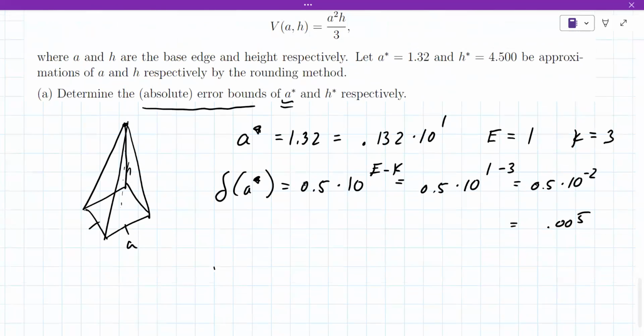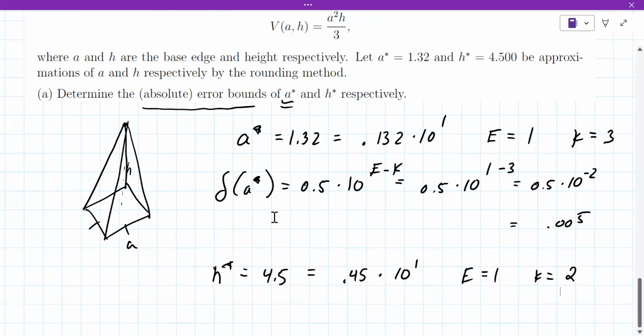So we got to do the same thing for H star. H star is 4.5, but in your class, you make it 0.45 times 10 to the 1. The reason it's 1 is because you move the decimal left. So E is 1. Sorry, K is the number of significant digits, significant figures.